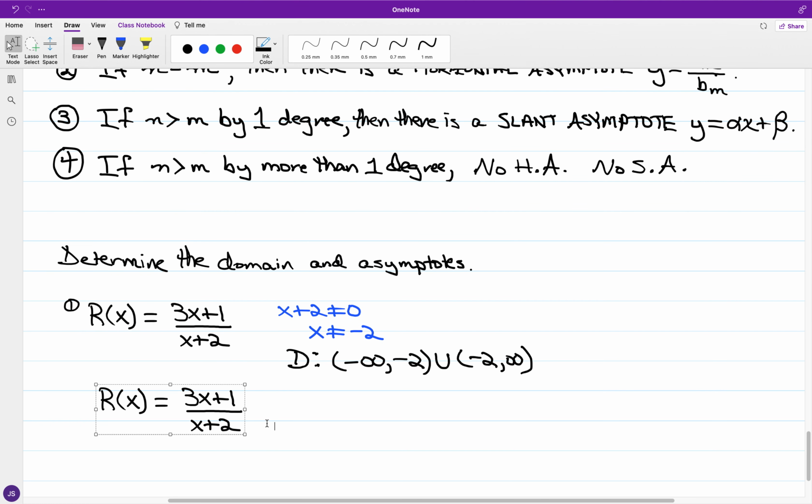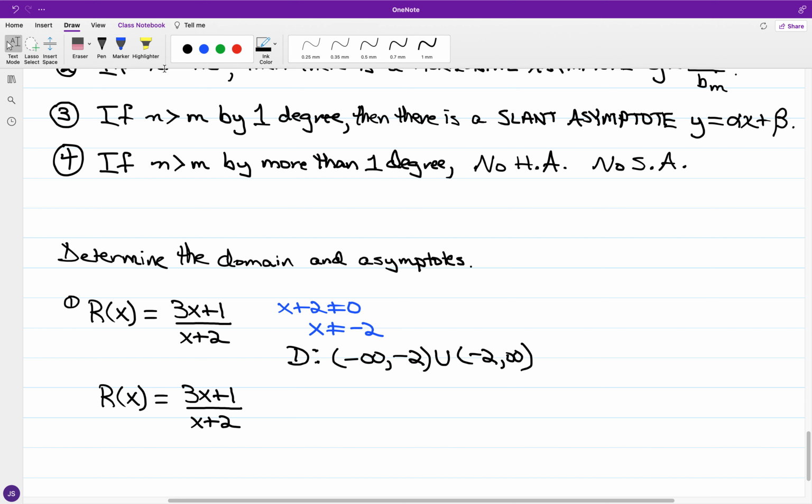And for r of x equal to 3x plus 1 over x plus 2, again, the ratio is already simplified.